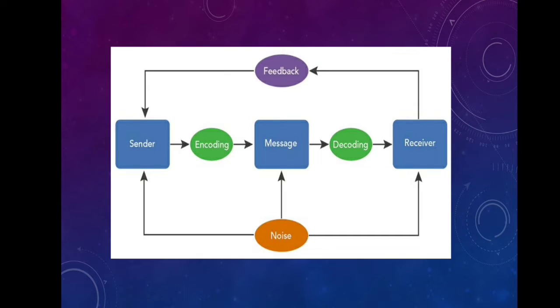Next, the communication process. Communication begins with the sender of the message, who has an idea which is encoded in a way that can be understood by both the sender and the receiver. Simple and clear language should be used so that the message will be received and followed.